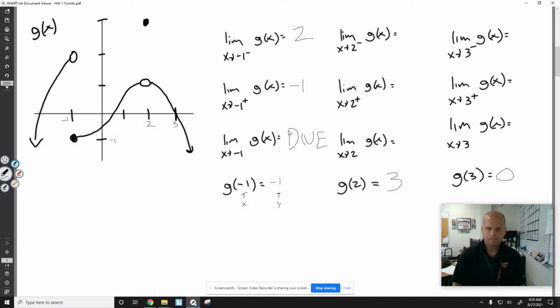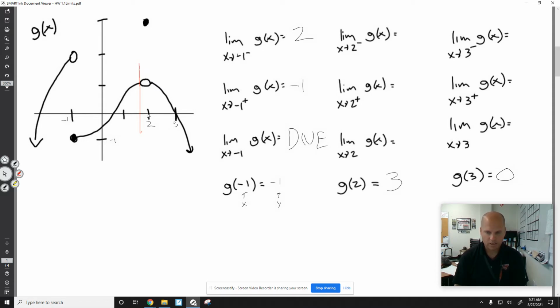Okay? Now let's look at 2. If I'm just to the left of 2, I'm right here. Now this open circle is very exaggerated. It's only an open circle at the x coordinate of 2. We're going to pretend like I could move this line over and get really, really close to 2, and I would be getting really, really close to this open circle's location.